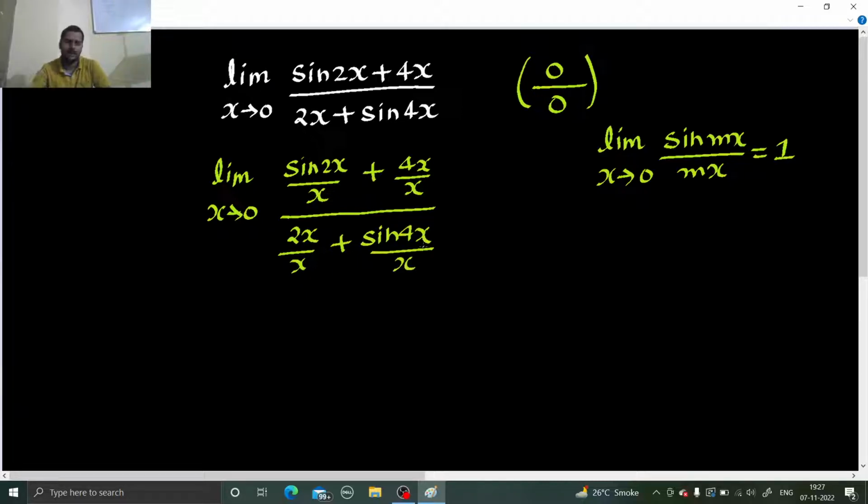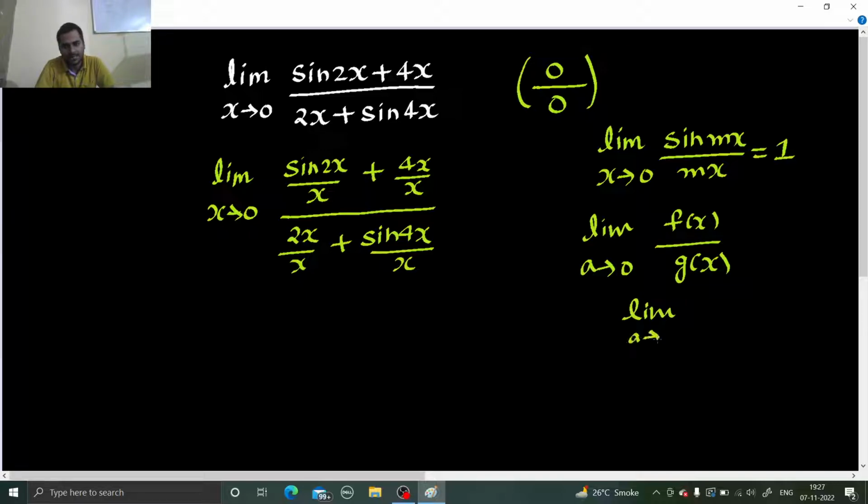Now, algebra of limits tells you that if you have limit of f of x divided by g of x, then you can write this as limit of f of x divided by limit of g of x, provided this limit exists also.